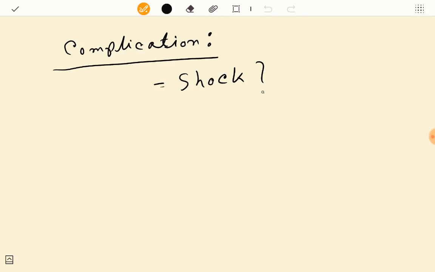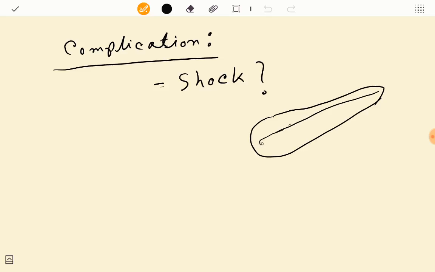Why does shock occur? The main cause of shock is, as I told you, that when the pancreas activates its enzyme, this is the pancreas, this is the ampulla of Vater, what happens? It will digest from centrally to the peripheral, right?